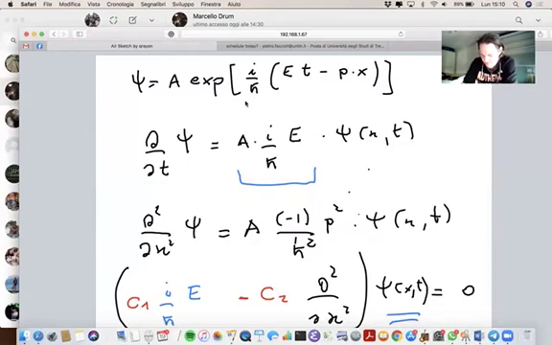So let me not even write it. Now let me look at the second term and use this second expression to replace this. So again, like I said, a is going to cancel out. Then I get a minus 1, which is a plus here, 1 over h bar squared p squared.